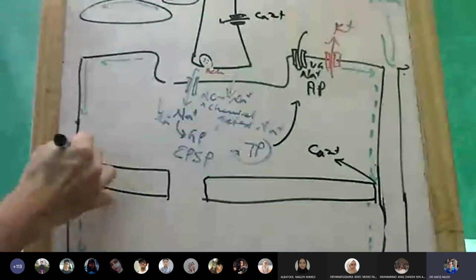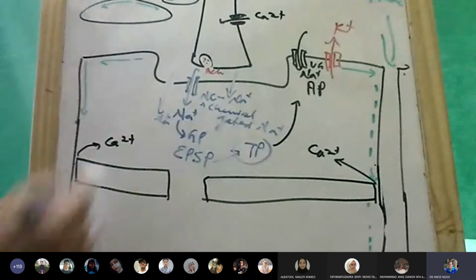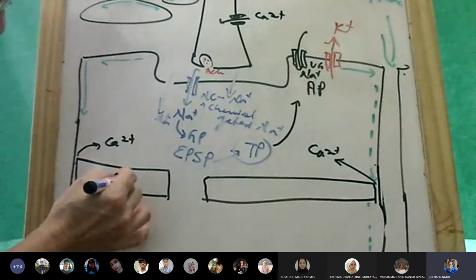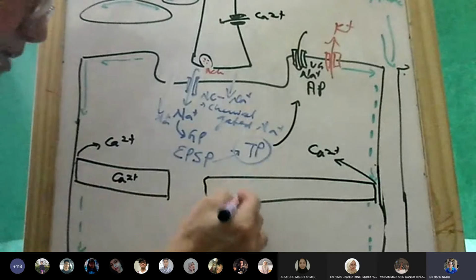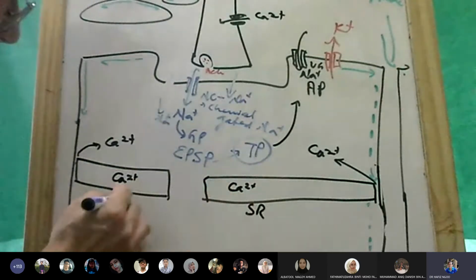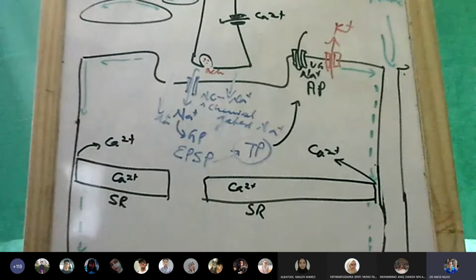Most of this calcium comes from the store, the sarcoplasmic reticulum. It's the same as the endoplasmic reticulum, but the sarcoplasmic reticulum becomes the storage space for calcium. So this is where calcium is released.